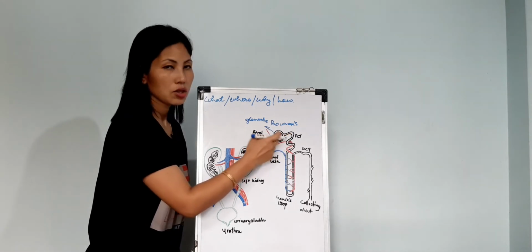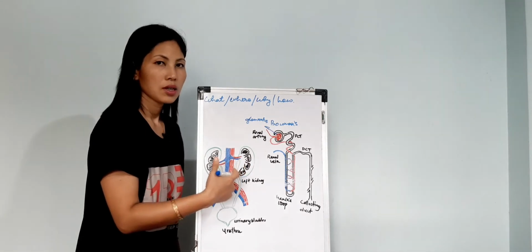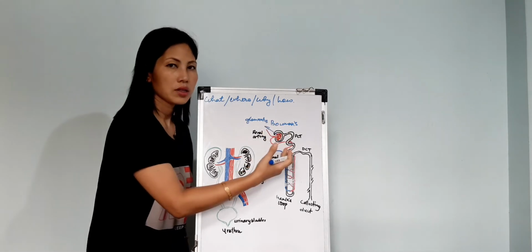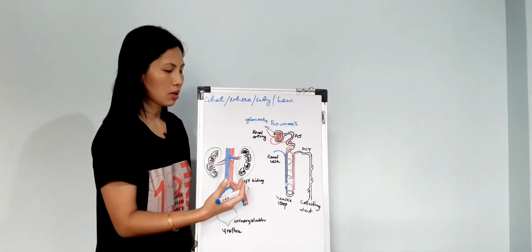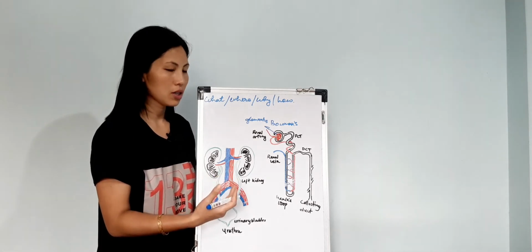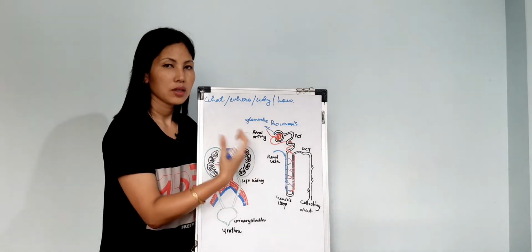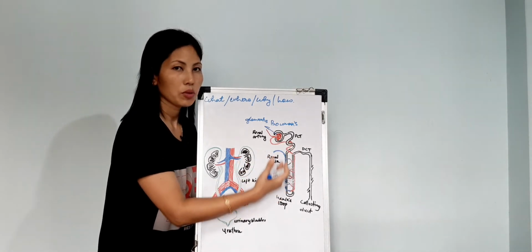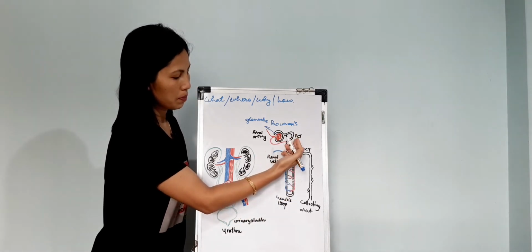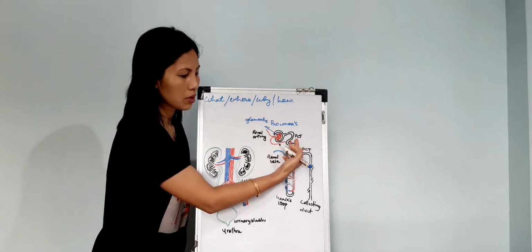The filtration is so fine that it filters almost all the components of blood except for the formed elements. It also filters some important substances like proteins, amino acids, sodium chloride, water, etc. As a result, these important components are reabsorbed in the other parts of the nephron. That is the first part right after the Bowman's capsule, the tubule called the proximal convoluted tubule.